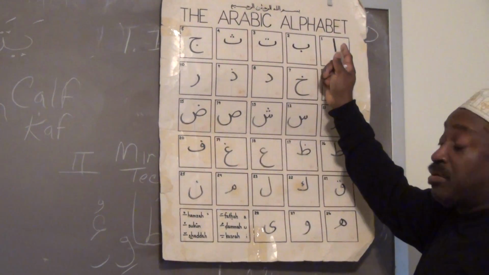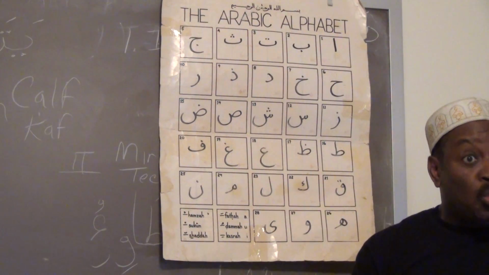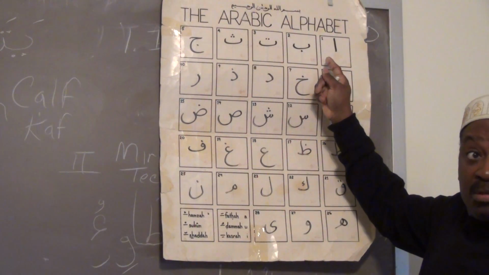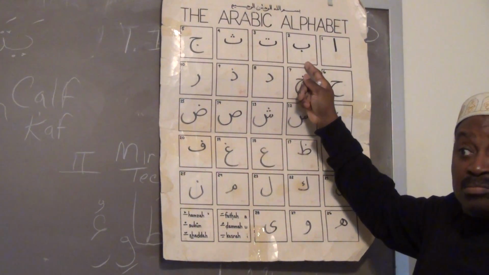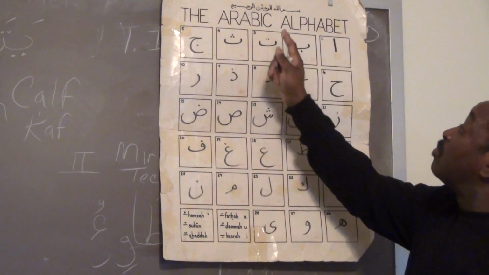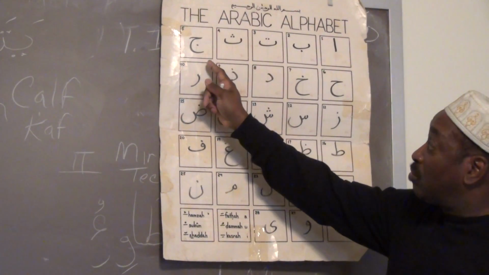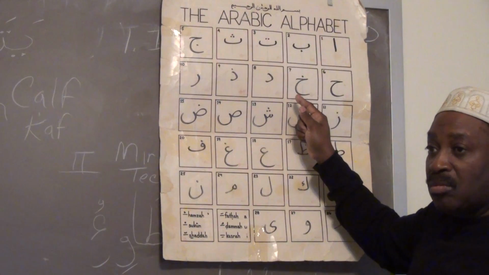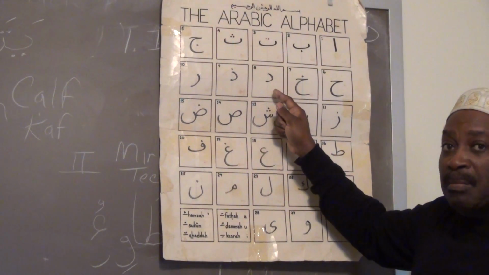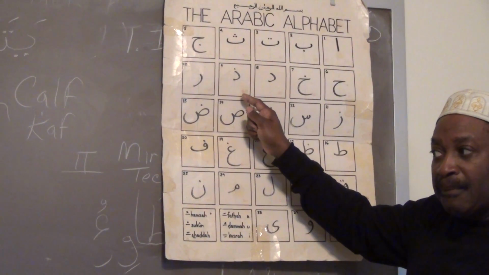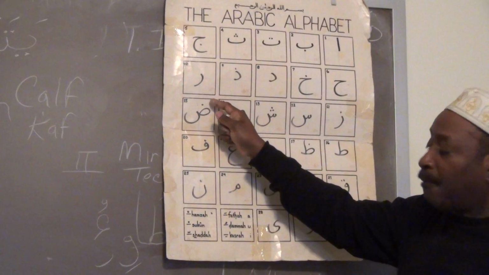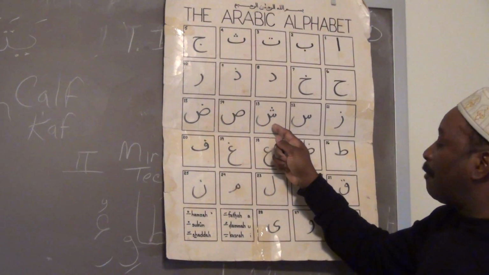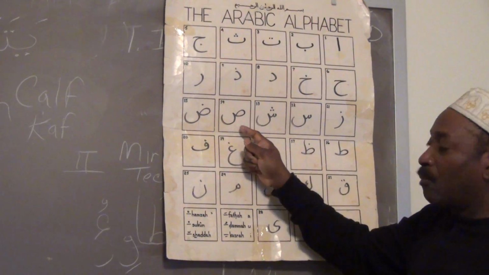So let's start right here. A, I, U. Ba, Bi, Bu, Ta, Ti, Tu, Tha, Thi, Thu, Ja, Ji, Ju, Ha, Hi, Hu, Kha, Khi, Khu, Da, Di, Du, Dha, Dhi, Dhu, Ra, Ri, Ru, Za, Zi, Zu, Sa, Si, Su, Sha, Shi, Shu, Sa, Si, Su.